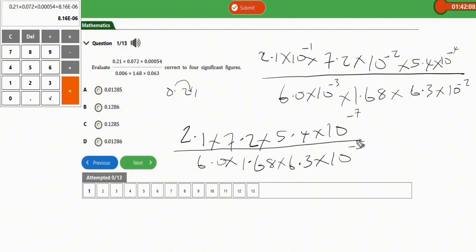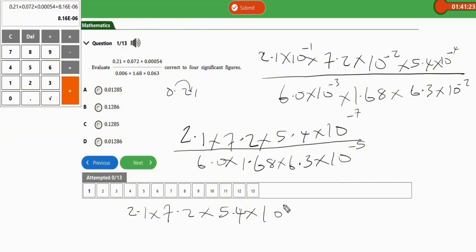Now you still apply the law of indices again, which states that this time we have division, when the base is the same and is dividing, you subtract the powers. So this will be the same thing as 2.1 times 7.2 times 5.4 times 10 to the power, this time, minus 7 minus minus 5.